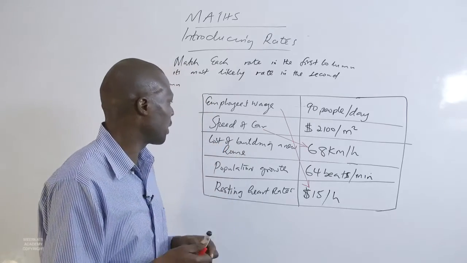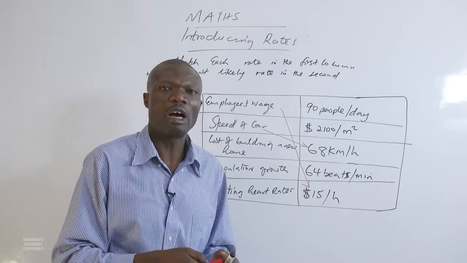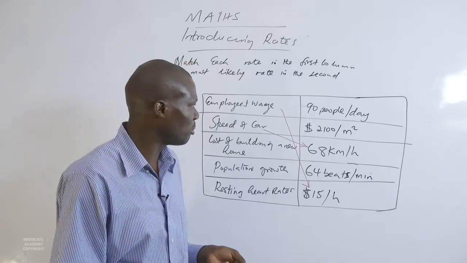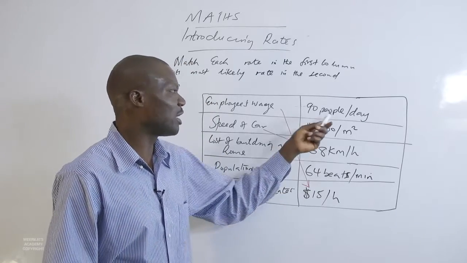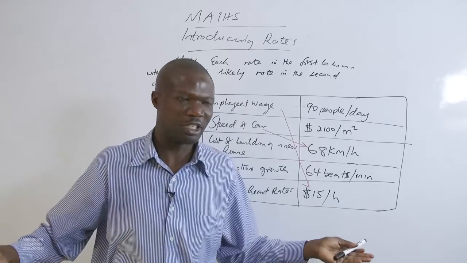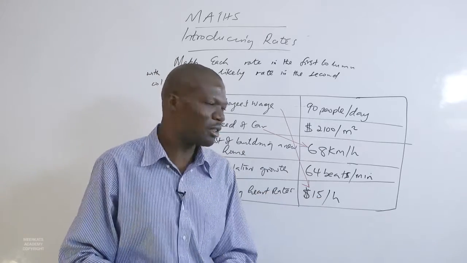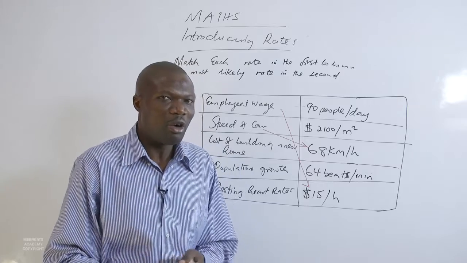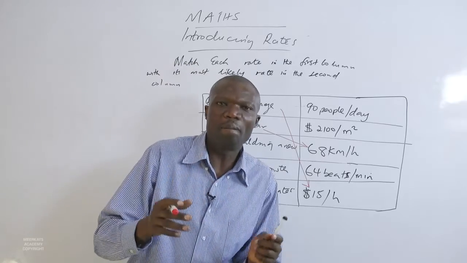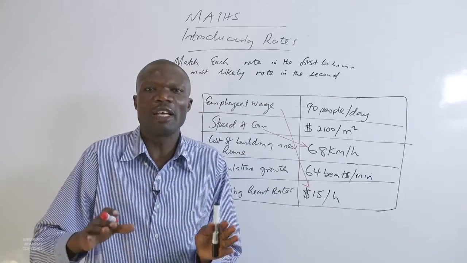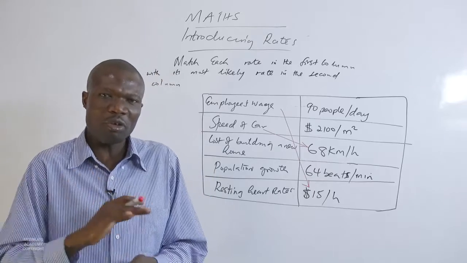Cost of building a new home. How do you construct a new home? Is it 90 people per day? Definitely not. Is it 64 beats per minute? No. We construct a home by measuring the surface area of where the material will occupy.